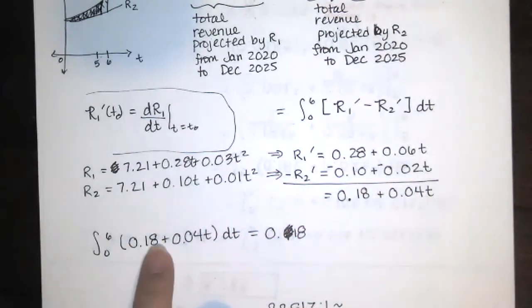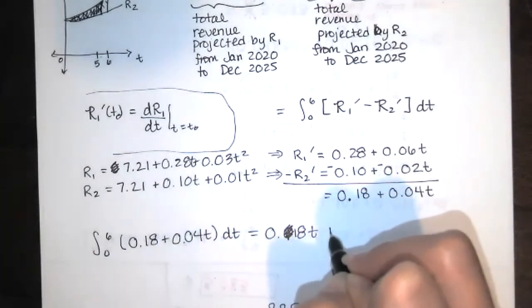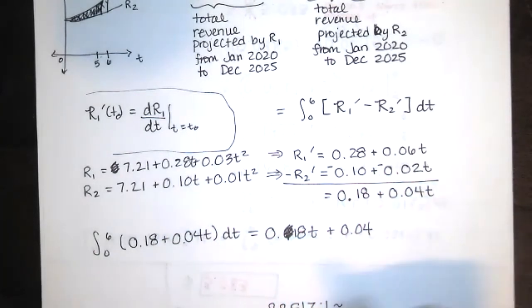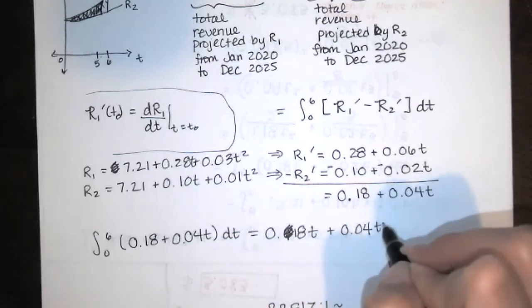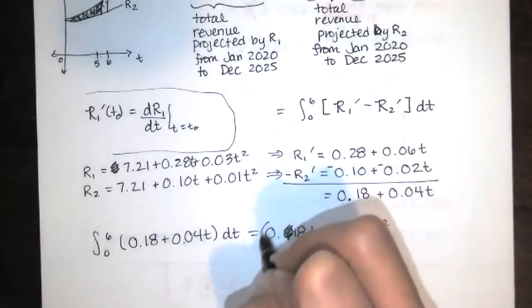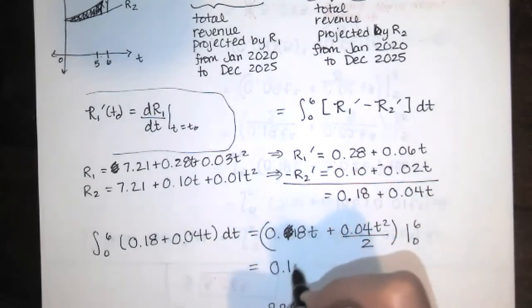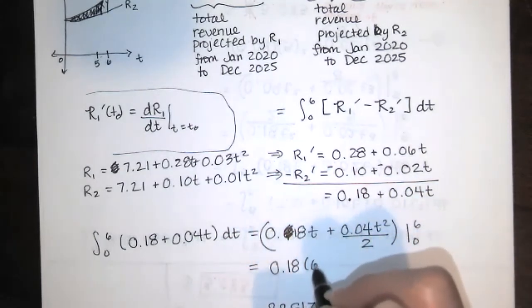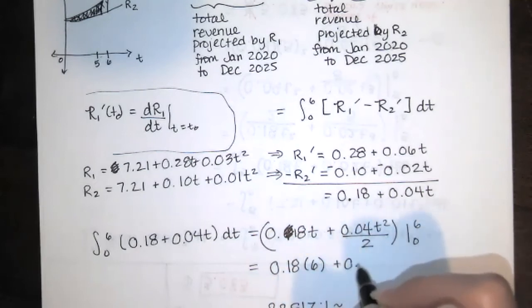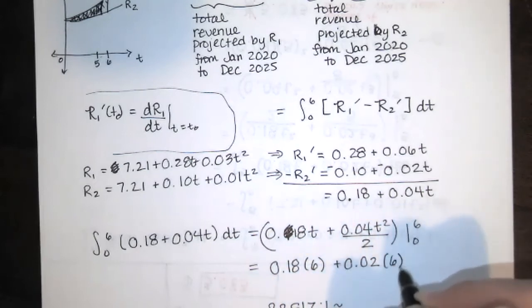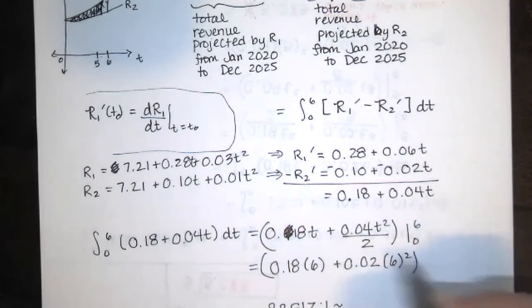The antiderivative of a constant is that constant times t. Bring that 0.04 down, add 1 to the exponent, divide by the new exponent, evaluate from 0 to 6. So we've got our constant times 6 plus this simplifies to 0.02 times 6 squared. And then when you subtract, so that's evaluating at 6.